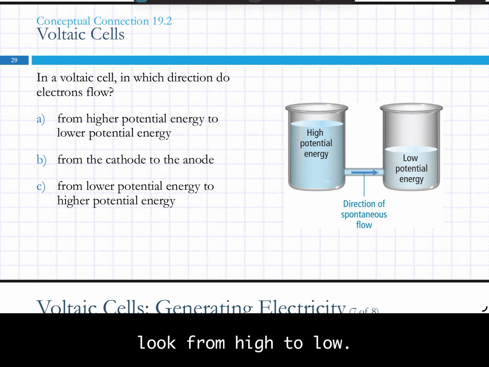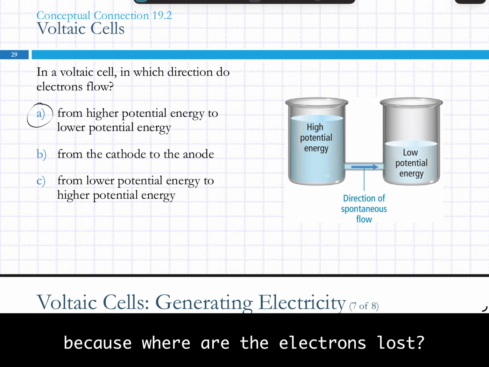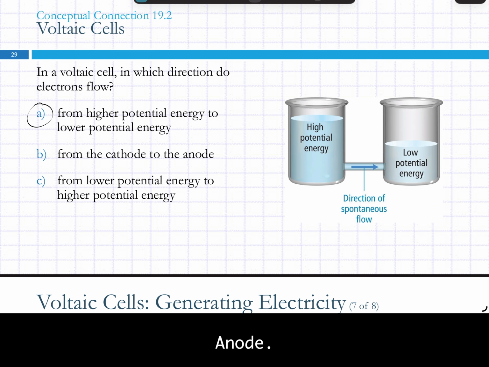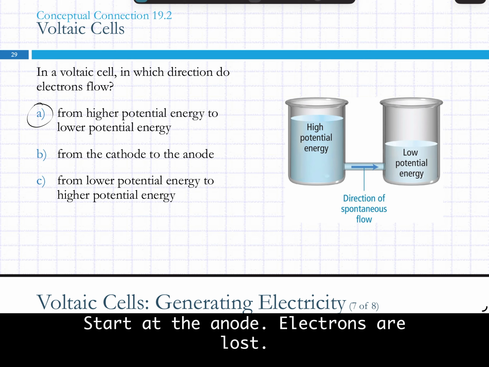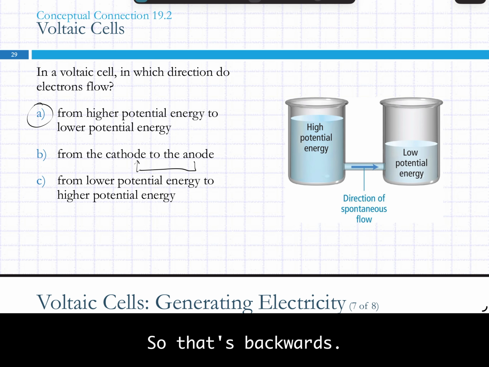They go from high to low. And B can't be true, because where are the electrons lost? Anode. Start at the anode. Electrons are lost there. Don't forget it. So this would actually go this way. Start at the anode, they go to the cathode, so that's backwards.